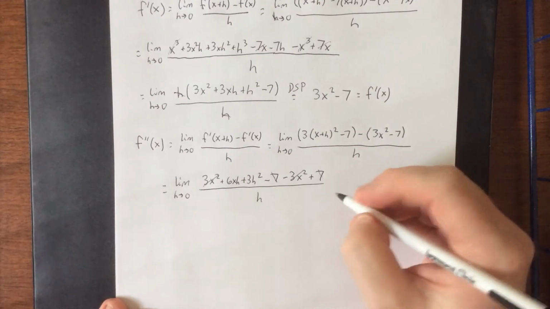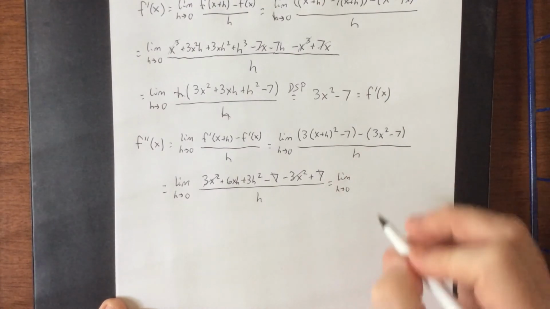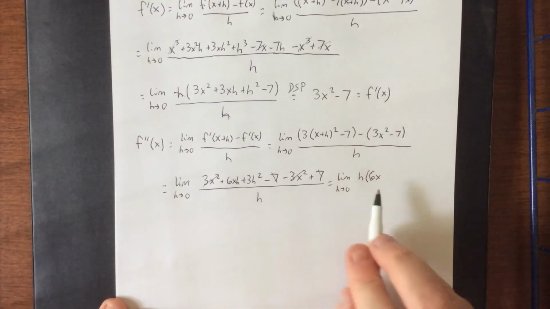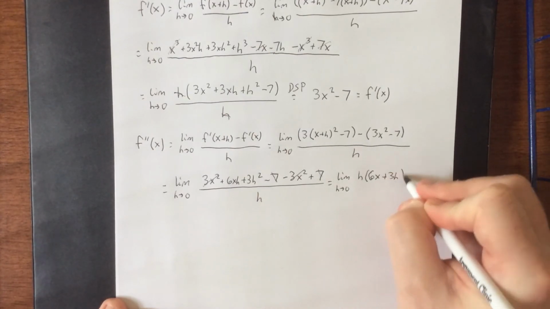Everything left in the numerator has an h in common. So I'm going to factor it out. 6xh would become 6x, and 3h squared would become plus 3h.